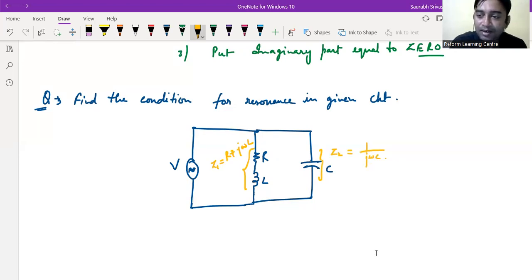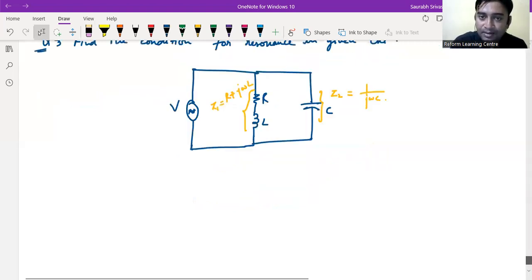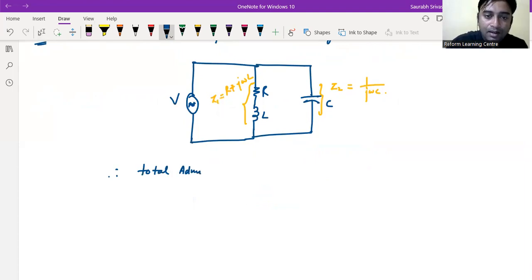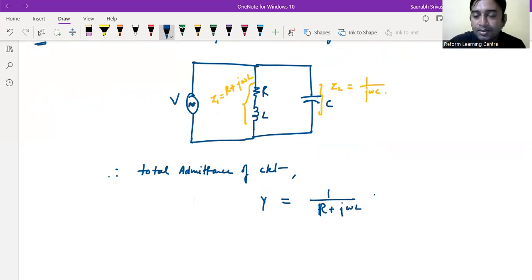अब ये दोनों parallel में हैं. In parallel, admittance is added. Therefore, total admittance of circuit Y will be equal to 1 upon R plus J omega L plus 1 upon Z2.